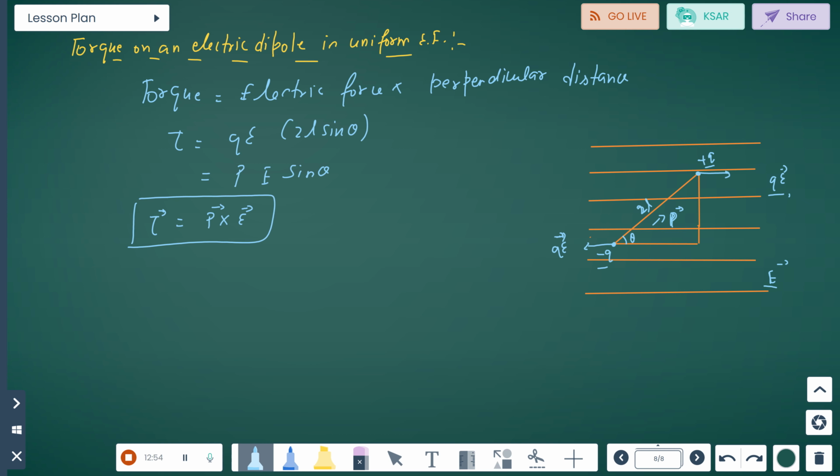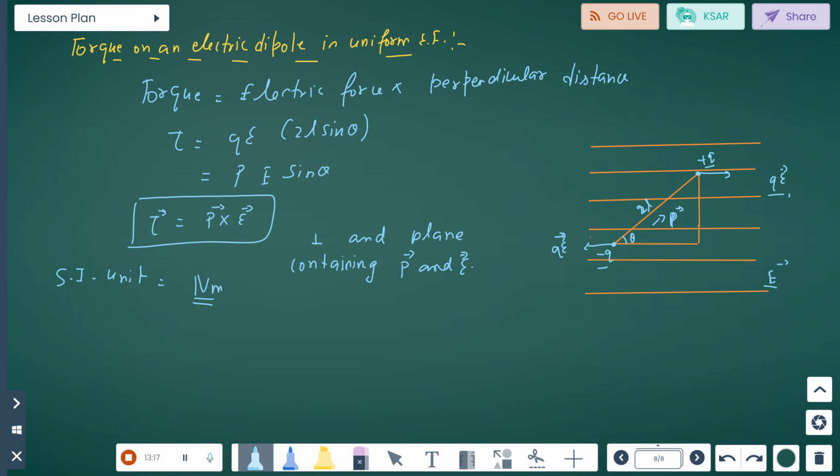Direction of torque is perpendicular to the plane containing P and E. What is the SI unit? SI unit is Newton meter.